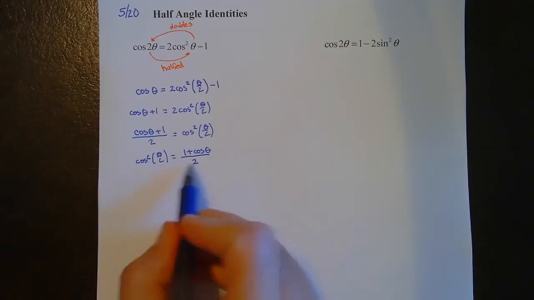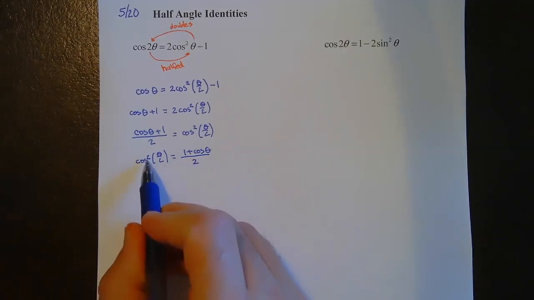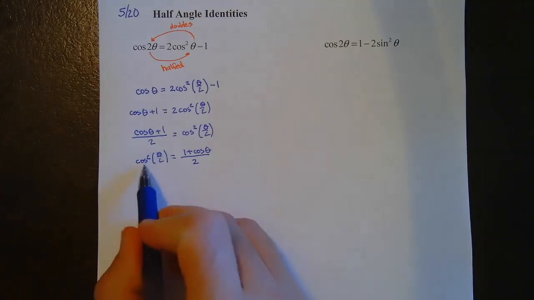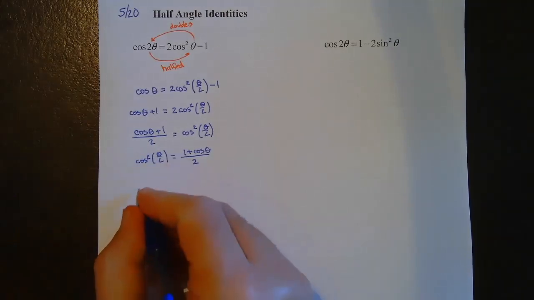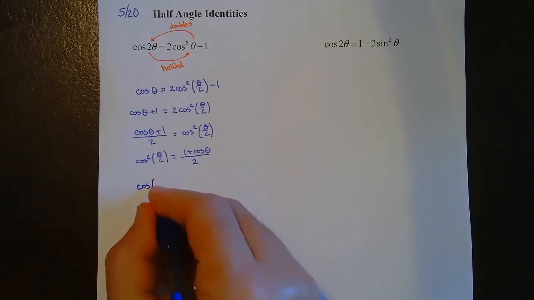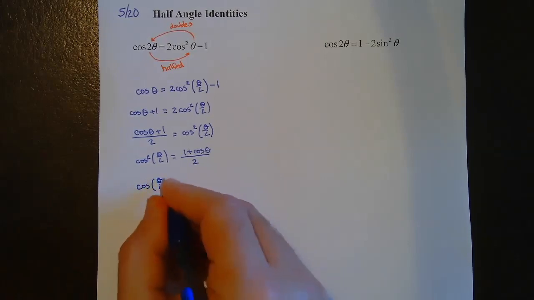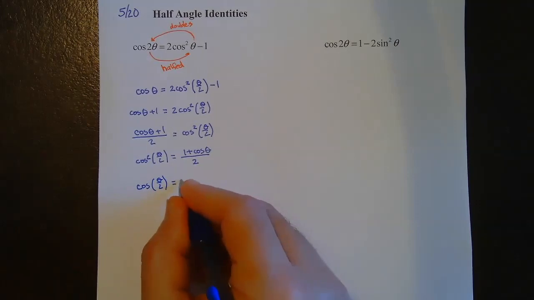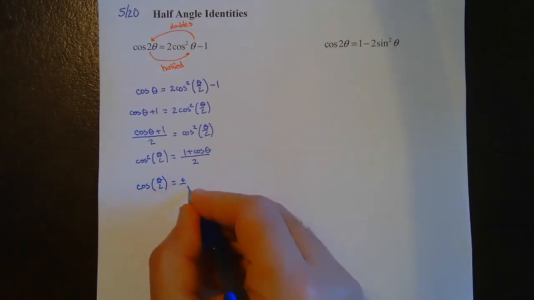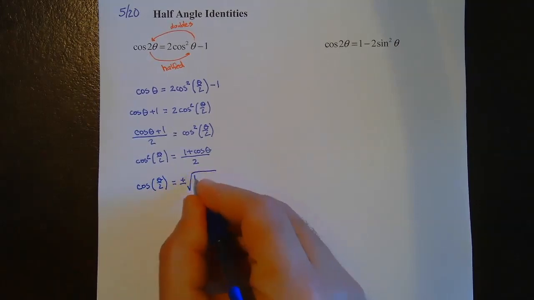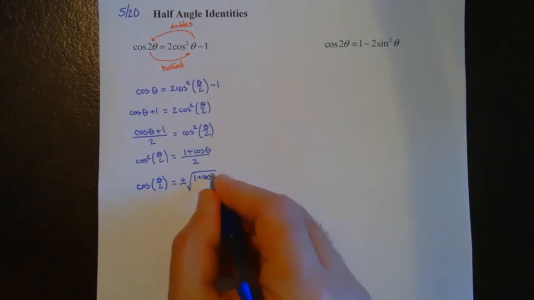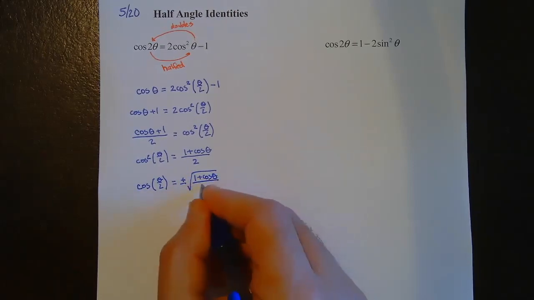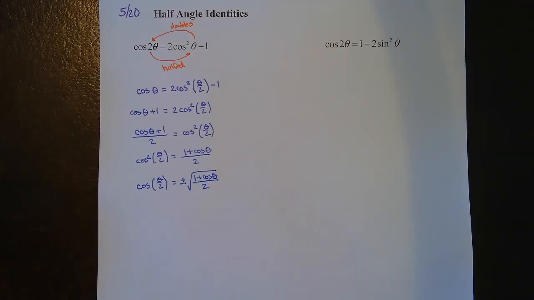Then we're going to square root both sides. That will get rid of the square. We'd be left with absolute value, but then we're going to get plus or minus. So in essence, this becomes cosine of theta over 2 is equal to plus or minus the square root of 1 plus cosine theta over 2.